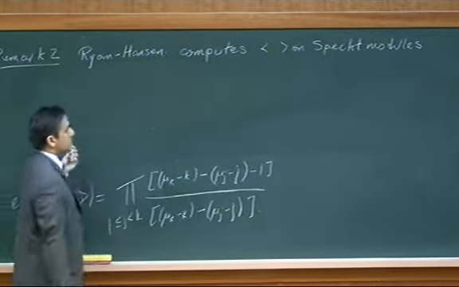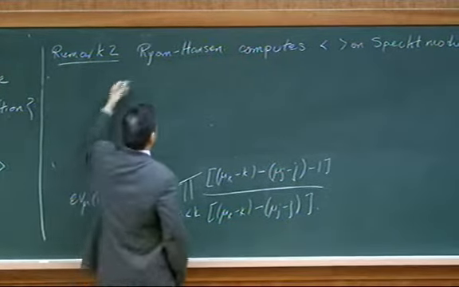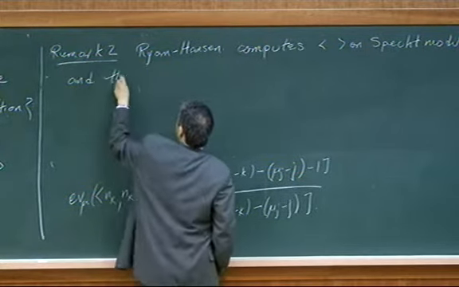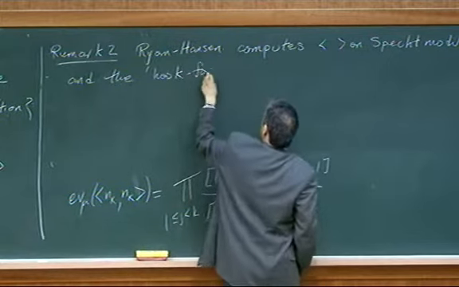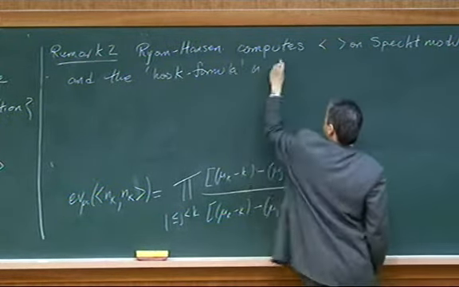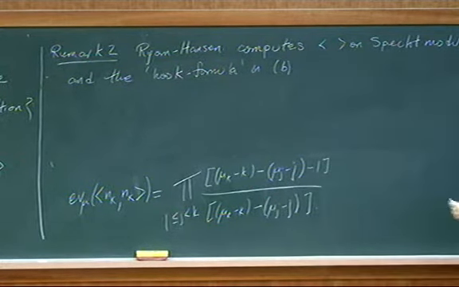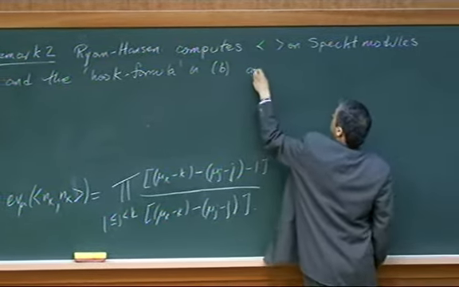I don't know if there are other people who have also done this, but that's one reference. In this theorem in part B, Ram Hansen also says that these are the numbers which appear in Fock space. So all of this connection is there and connects to Fock space.